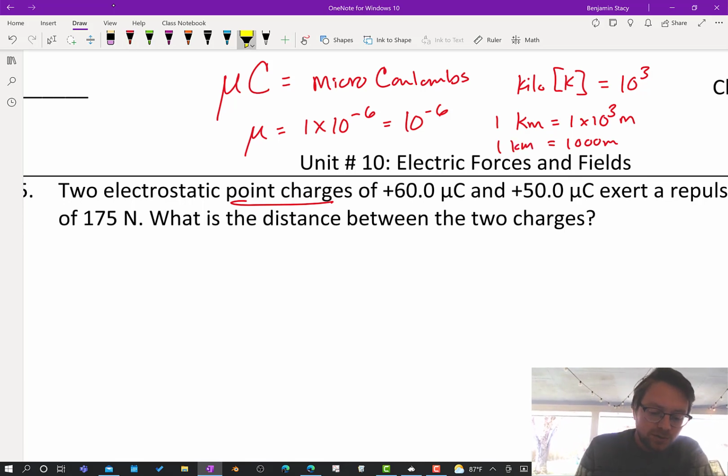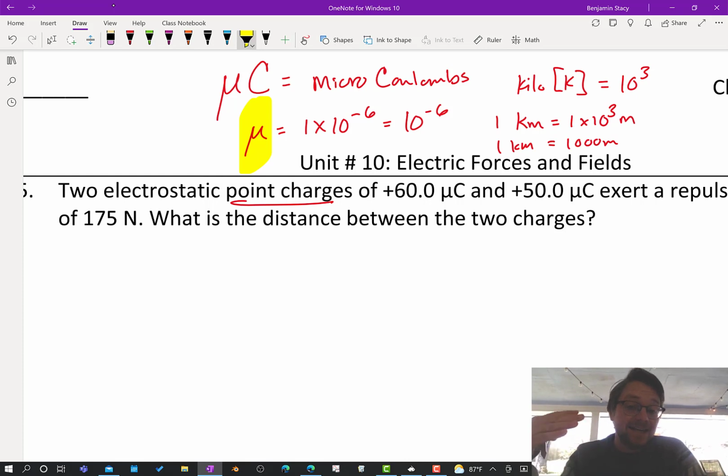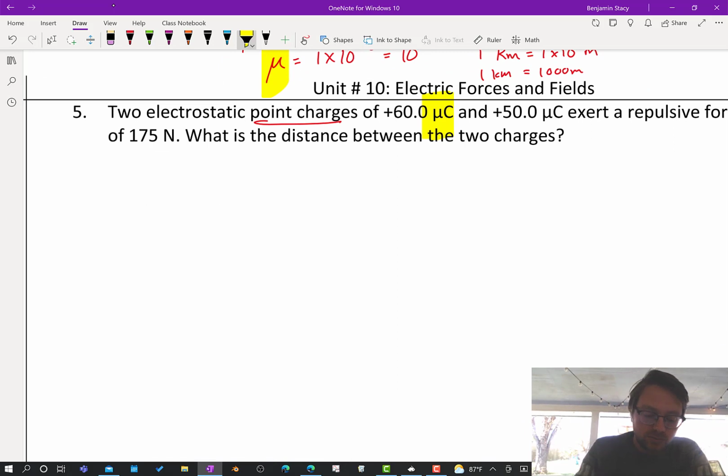So mu is just the symbol standing for micro, like micrometers. Here we have microcoulombs. You just add times 10 to the minus 6 to whatever the charge value is. It's just a shorter way, instead of having to write out times 10 to the blah blah blah, just say it's that many microcoulombs.